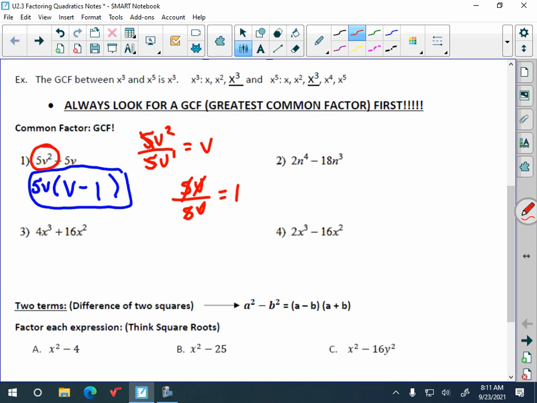So that's where I'm getting the v and the 1 from. Just taking the first term divided by 5v, second term divided by 5v. And if you wanted to check to see if you were right, you can distribute that in, and you have to get the original problem. 5v times v is 5v squared. 5v times 1 is 5v.